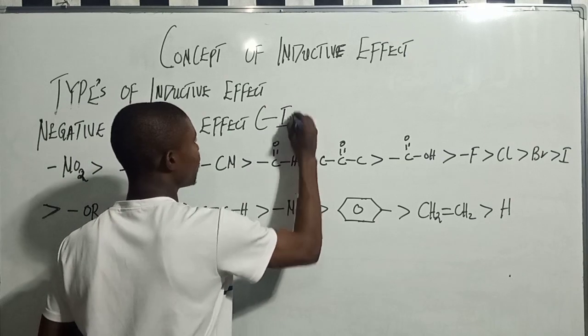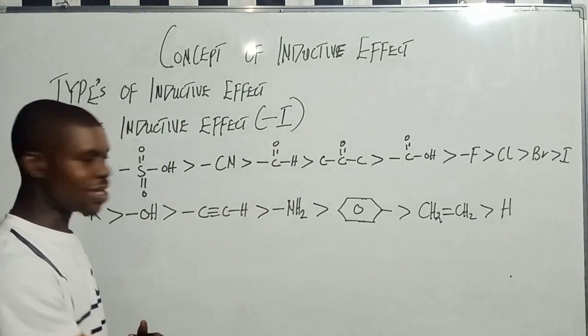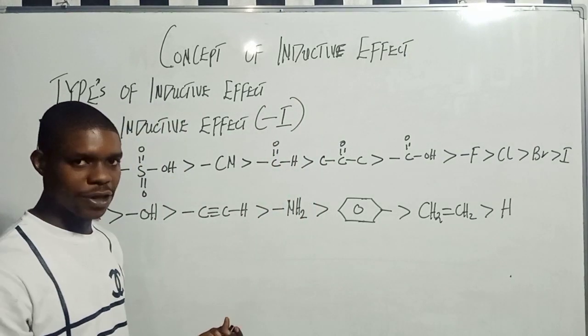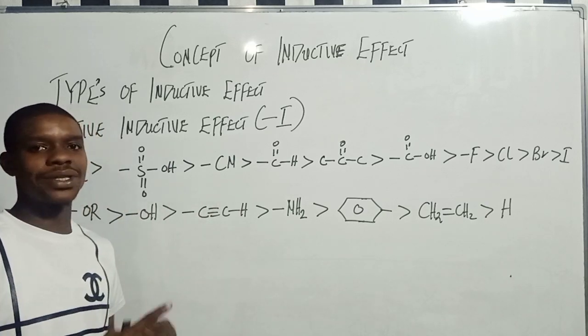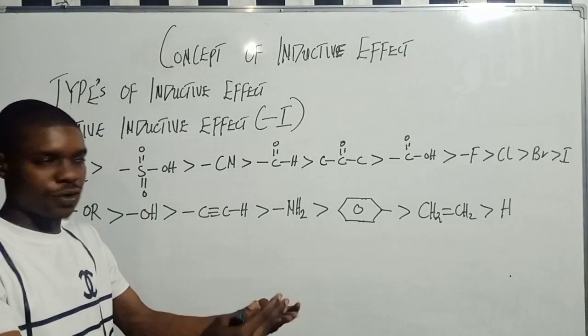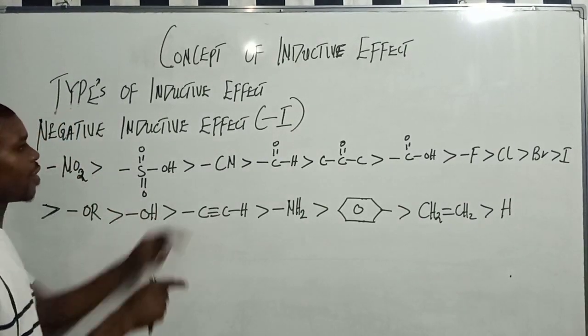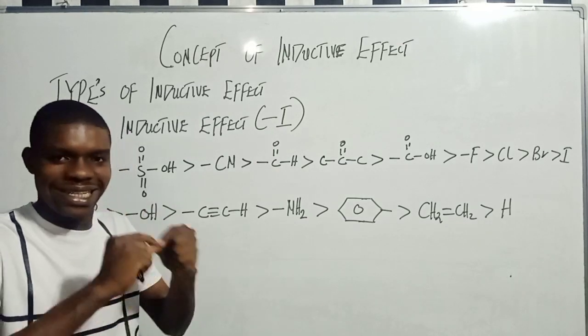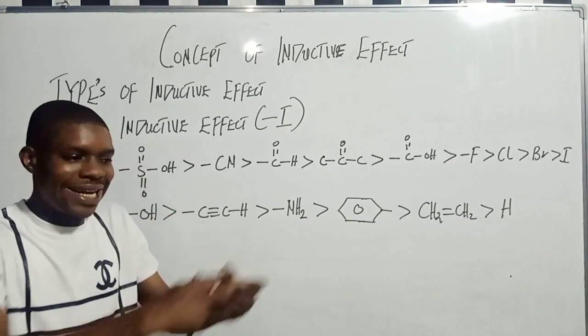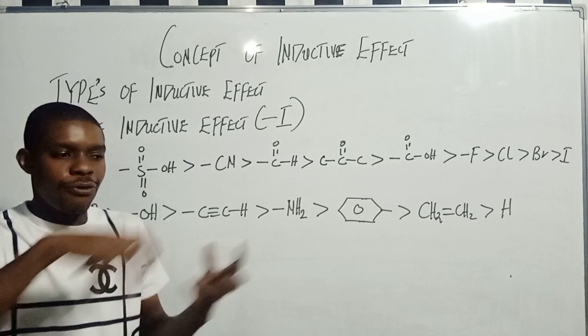Those atoms that decrease electron density in a molecule are called negative inductive effect, and it's denoted by minus I effect. Most times we're going to use minus I effect and plus I effect. Plus I effect is the positive inductive effect: atoms that increase the electron density or donate electrons. Negative inductive effect, minus I effect, is atoms that decrease electron density in a molecule; they withdraw electrons from the molecule.